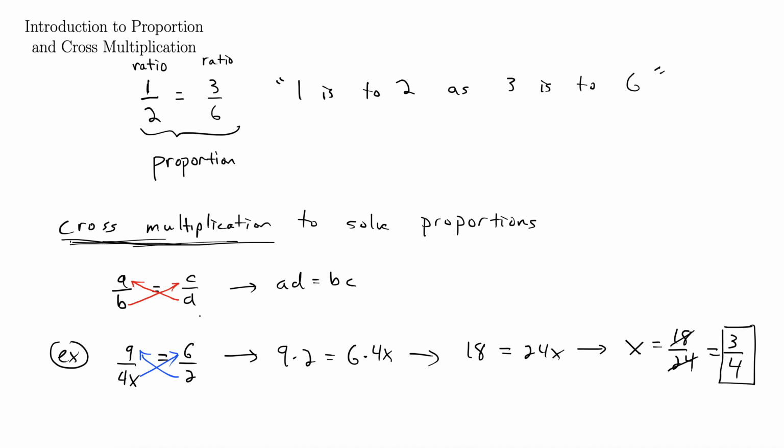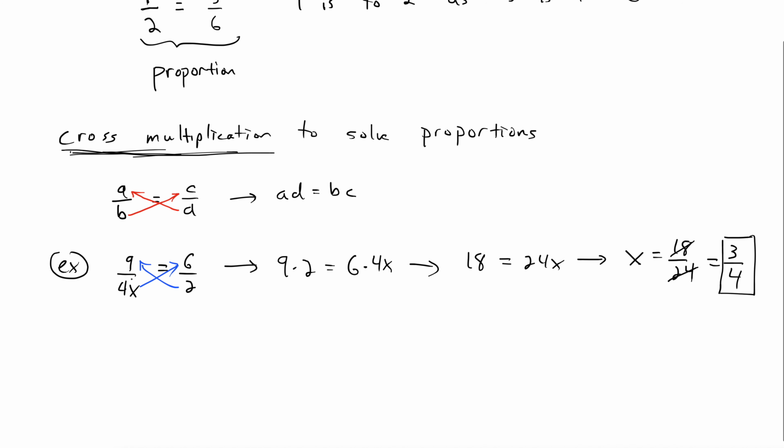Let's try another example. Let's do something like 6 over 11 equals 27 over 3x minus 2. Here we cross multiply again. Bring these denominators up. And be careful when you have a bunch of terms like this, like 3x minus 2, put parentheses around it, because we want this 6 to go through to that entire denominator, not just the 3x.